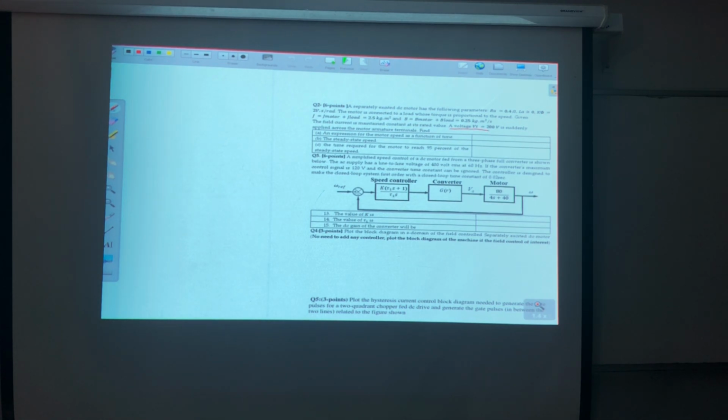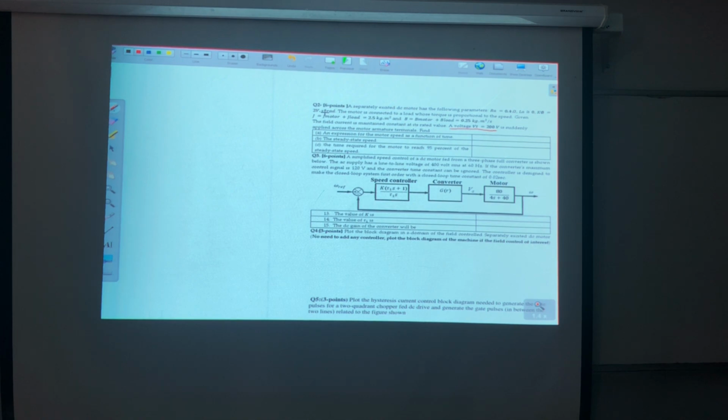I'm imposing on the machine a sudden 200 volts, so the machine will start to rotate. I need to find an expression for the speed, then I need to find the steady speed, and I need to find the time that I need to settle down, or to reach 0.95 of the final value.